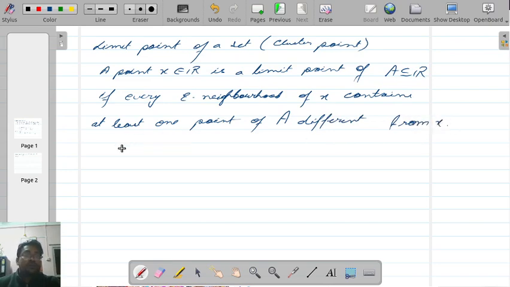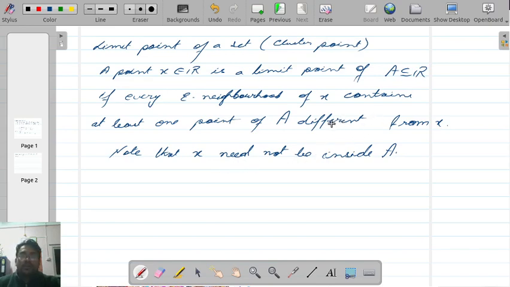Note that x need not be inside the set A. So a limit point of a set may not be a point inside the set.